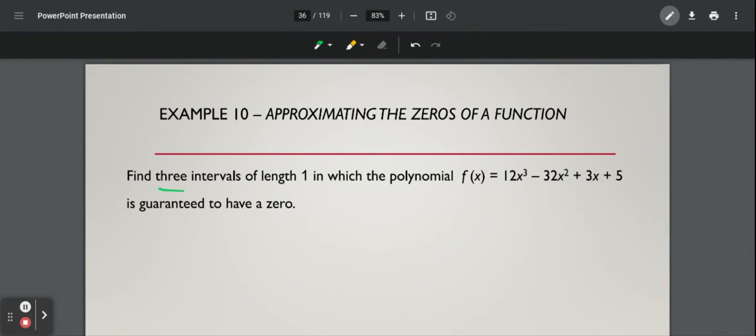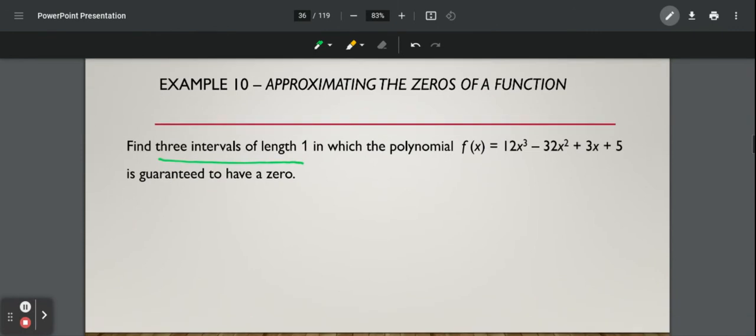So on this one, we have to find 3 intervals of length 1 where we would be guaranteed to have a 0. So what you're going to want to do is graph this: 12x^3 - 32x^2 + 3x + 5.